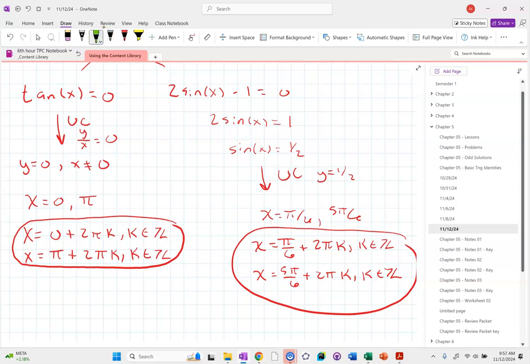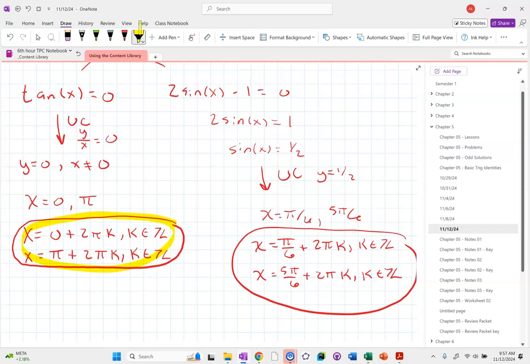Now, just as a caution, this answer is completely correct, but there's a simpler way to write this. So look at these answers. That first solution would be 0, 2 pi, 4 pi, 6 pi, 8 pi, right? The second set of answers would be pi, 3 pi, 5 pi, 7 pi.